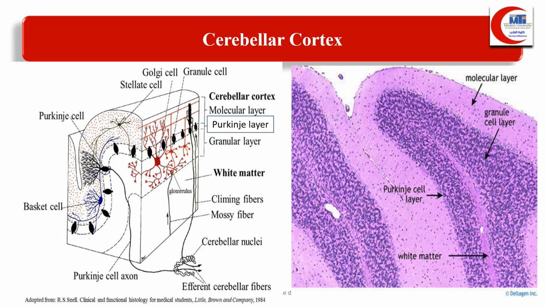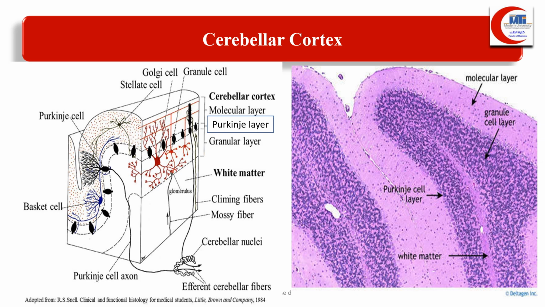Let's discuss the structure in detail. On the right side, you can see an H and E stained section, hematoxylin and eosin stained section, of the cerebellar cortex. You can see that these are three layers.